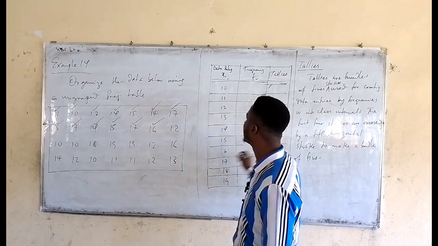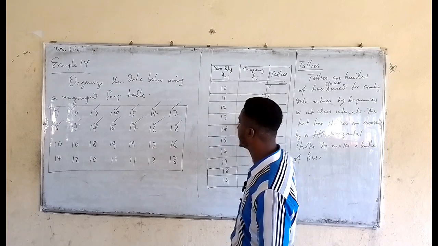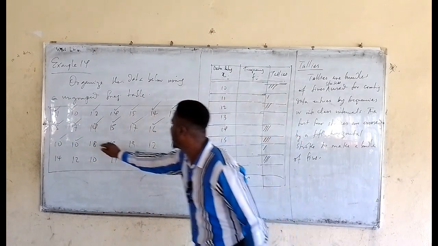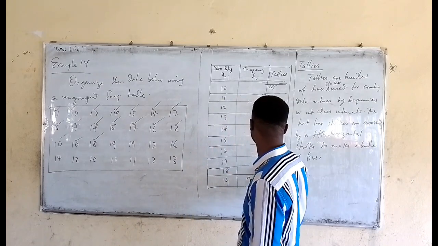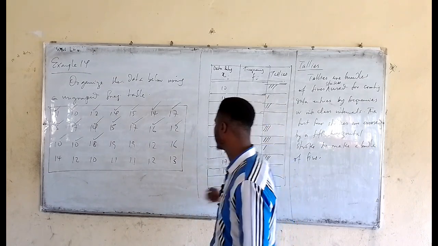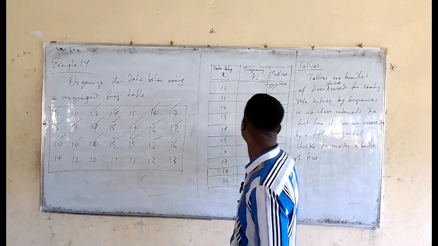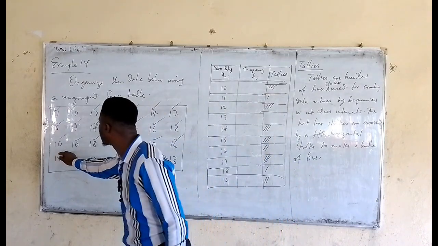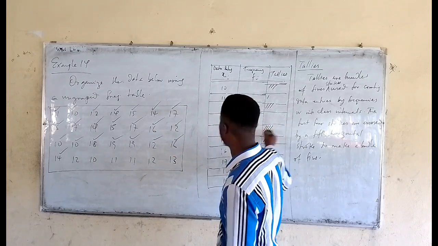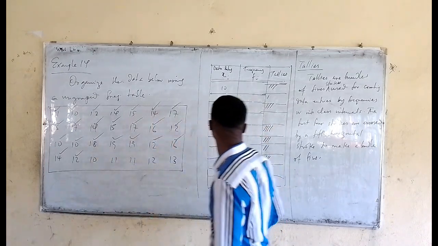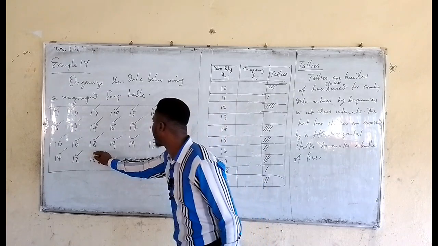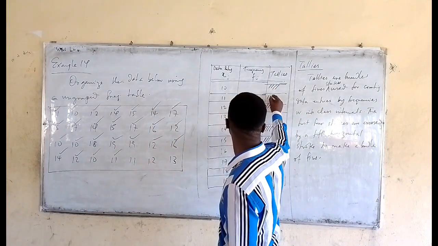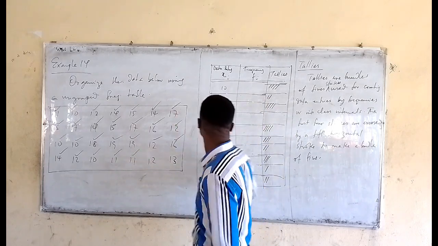16, 12, 10 and 10, 18, then 19, right? 12, 16, second stroke, 14, 12, 10, 11, 11.